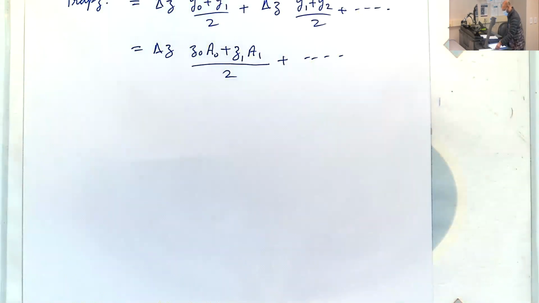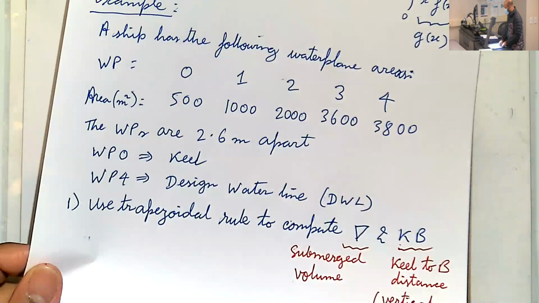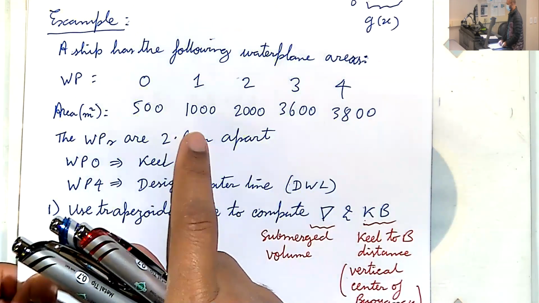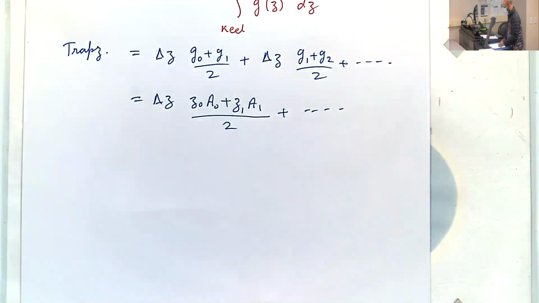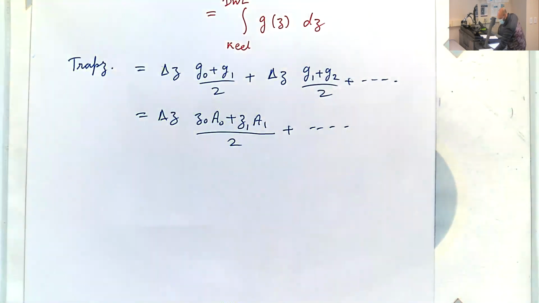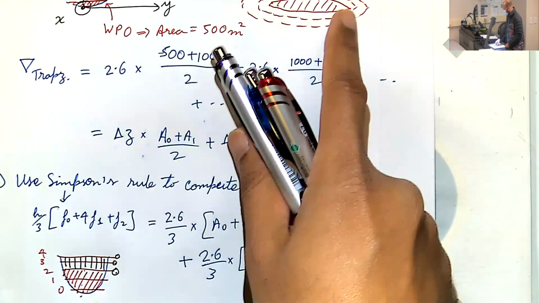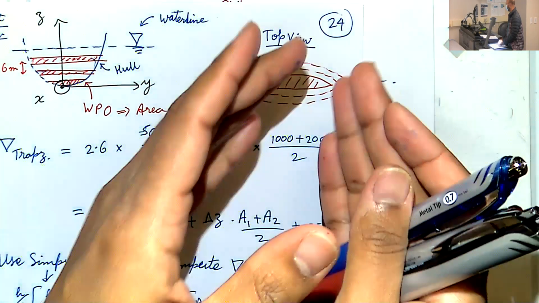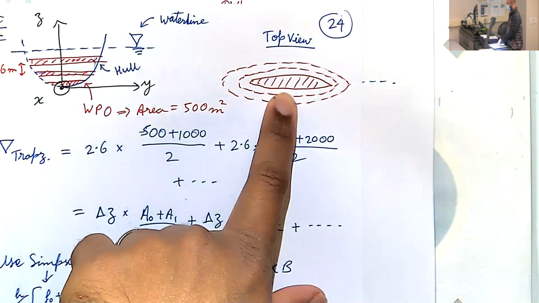Of course, the computer will not have these areas given to it, the water plane areas. How would you compute the water plane areas? How would the computer do it? How would the computer compute these water plane areas from your 3D hull model that you have put into the program?